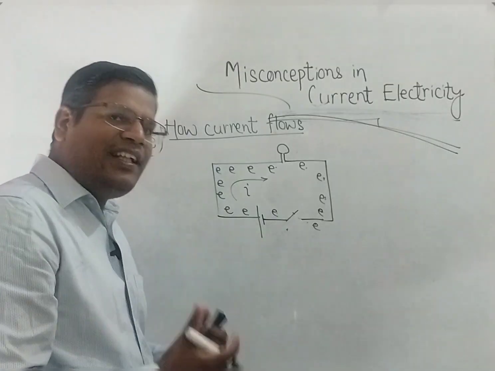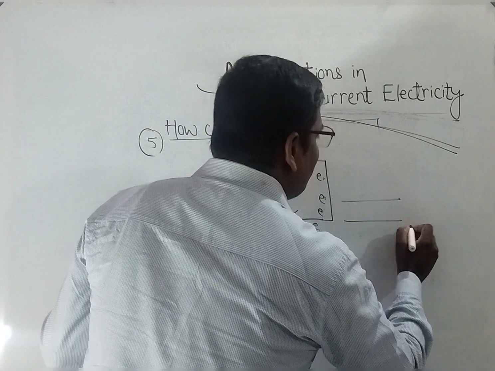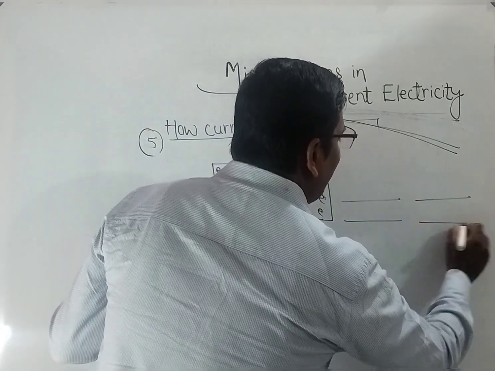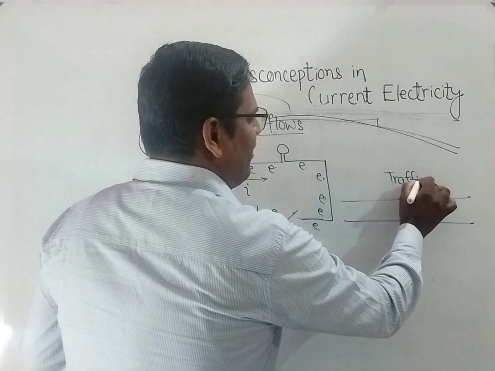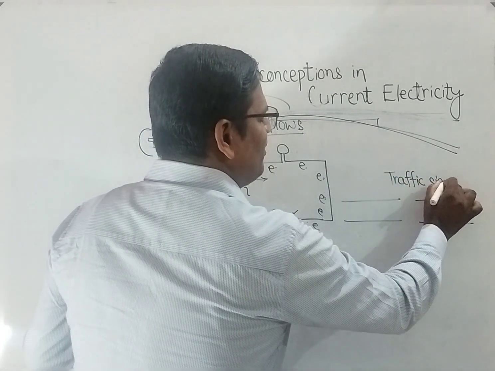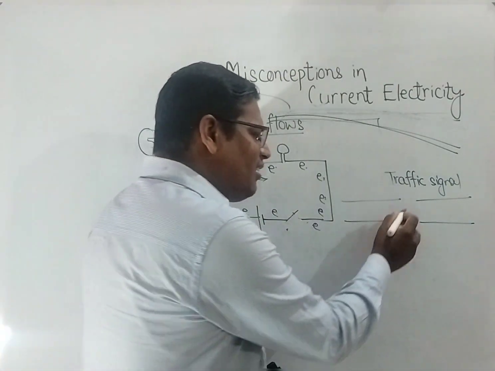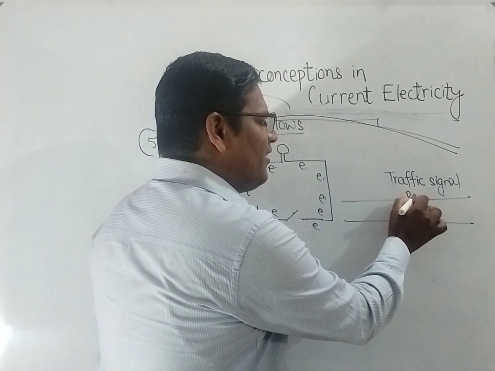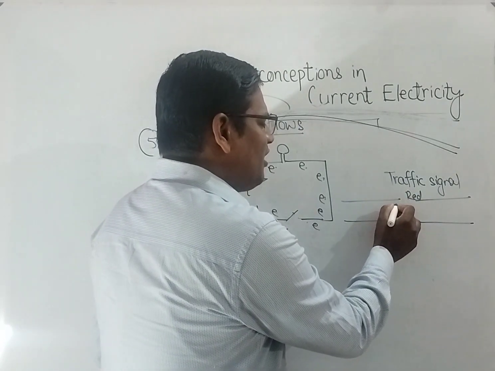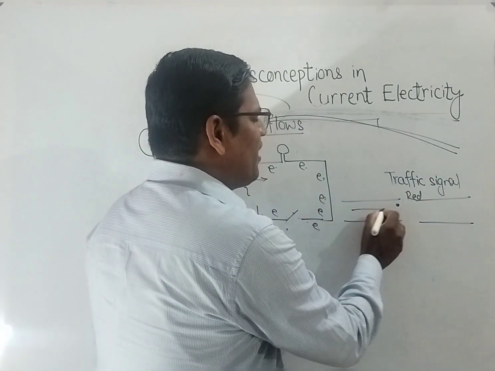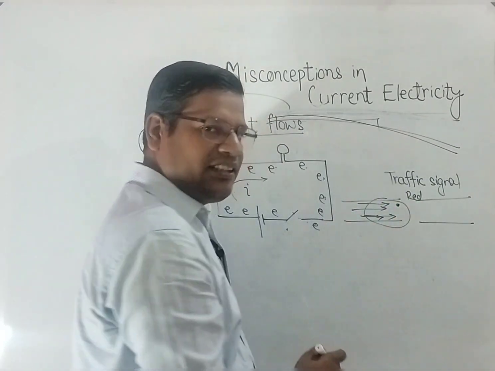So how do we think, and how exactly is it? Let's say here is a road, and here is the traffic signal. Now, this is how students think: when the traffic signal is red, some people are waiting here, and some people are coming, some people are coming, and here the crowd goes on increasing.